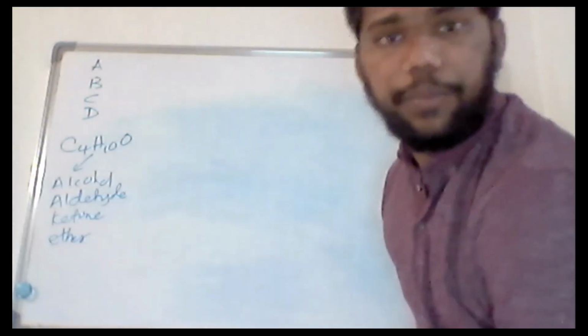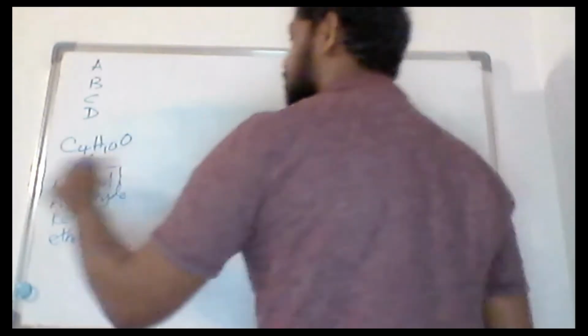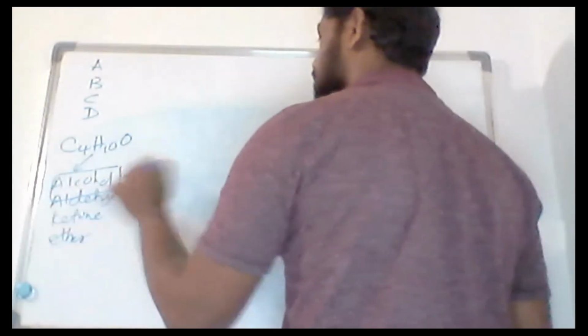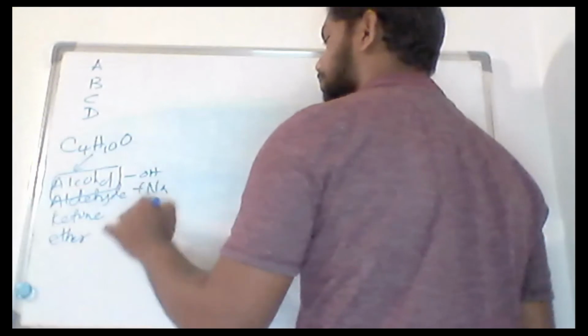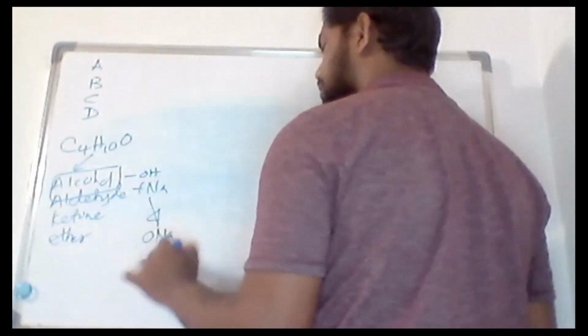So we have this formula. All four isomers reacted with metallic sodium to evolve H2 gas. From this point, you have to understand that normally alcohols with OH react with sodium to give ONa plus hydrogen.